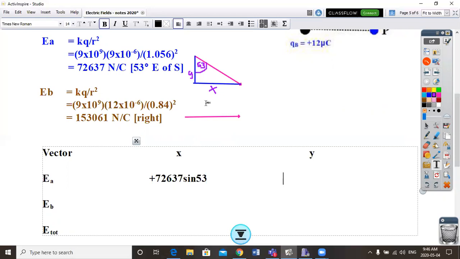And our y is going south, so negative 72,637 cos 53. Okay. Our field due to B, QB is to the right, so the x is positive 153,061, and of course the y value would be 0.